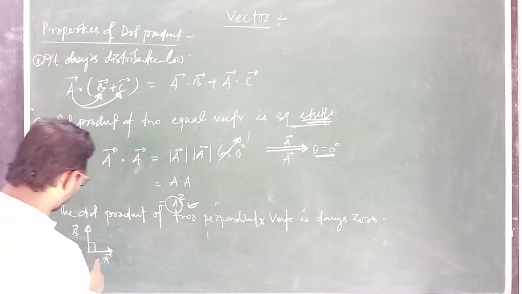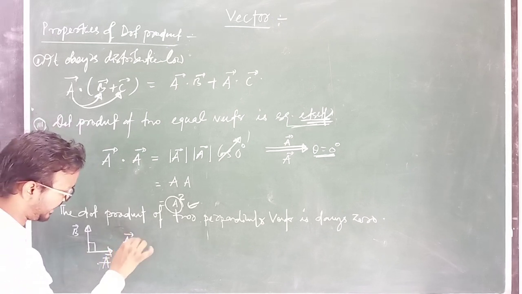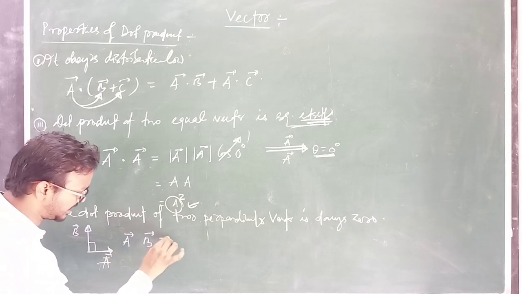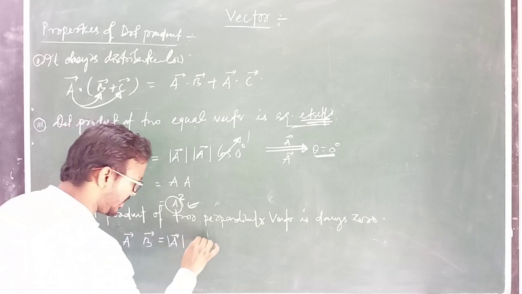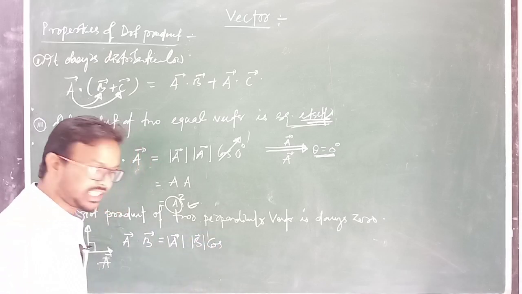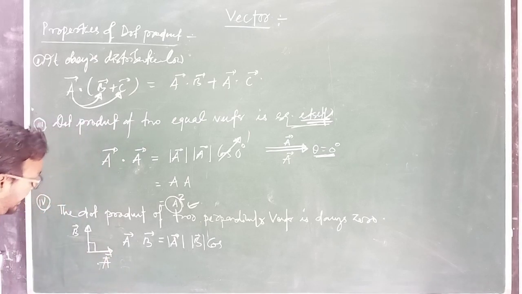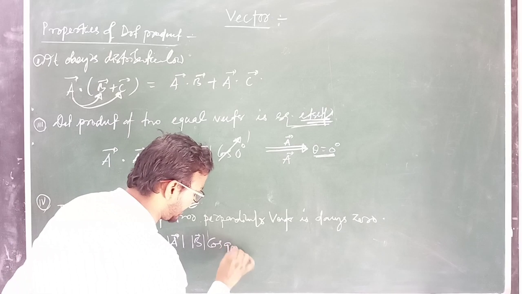So in this case, the dot product of vectors A and B: A vector dot B vector equals the magnitude of A times the magnitude of B times the cosine of the angle between them, and here the angle between them is 90 degrees.